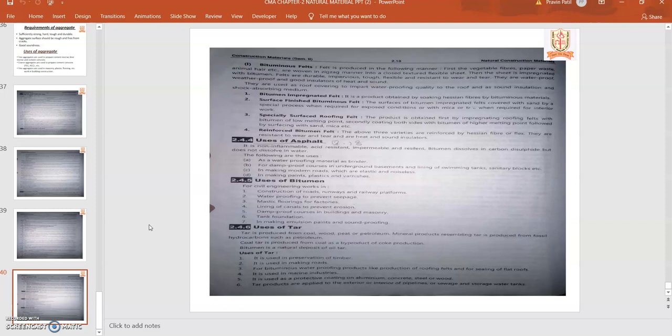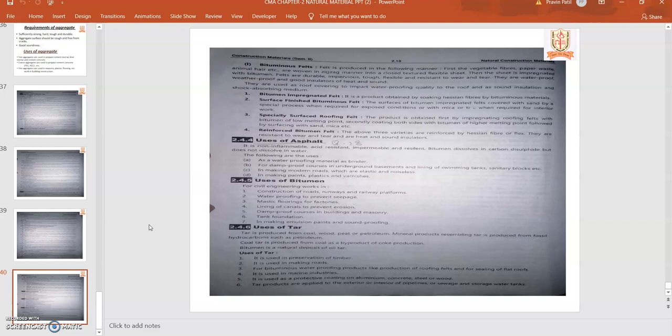Then surface finished bitumen felt. The surface of bituminous impregnated felt is covered with sand by a special process, which is required for exposed conditions, or with mica. Then specially surfaced roofing felt.